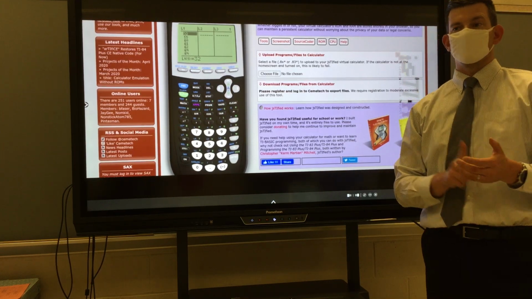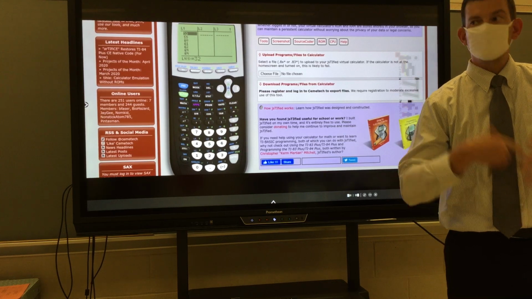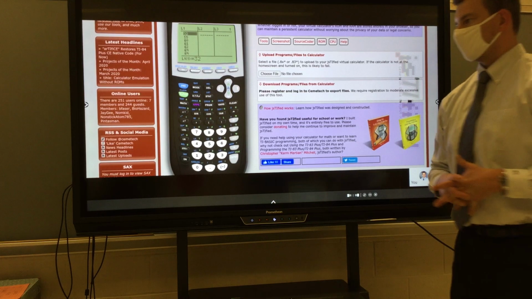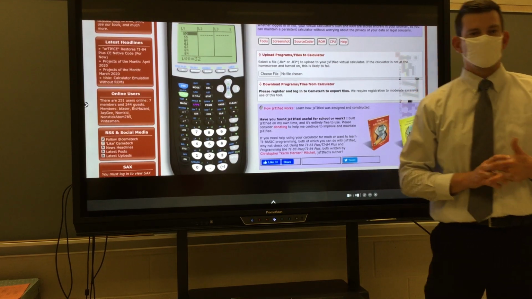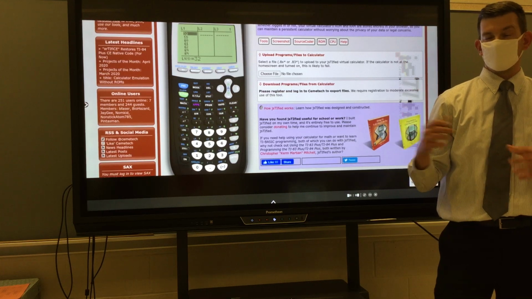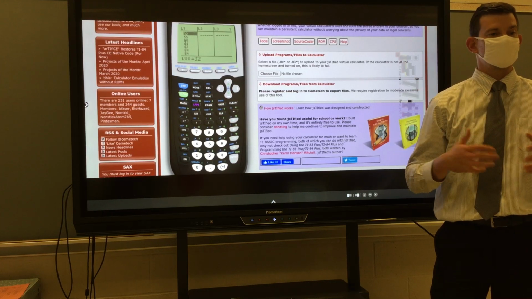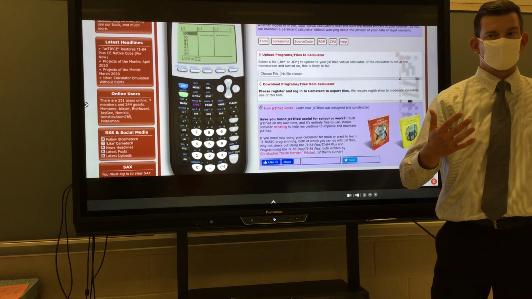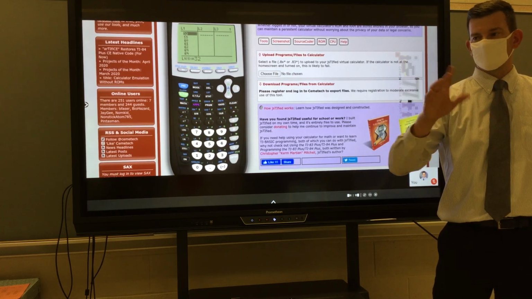It's not easy to transfer data. It's become outdated, but it's so ingrained into the American mathematics classroom that it's still here. And it's really the only piece of technology that's allowed for a lot of the tests that you take. I'm not saying tests in my class.